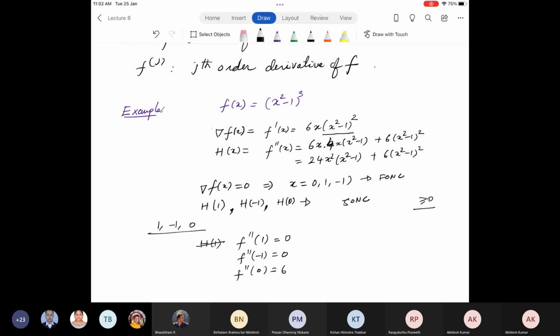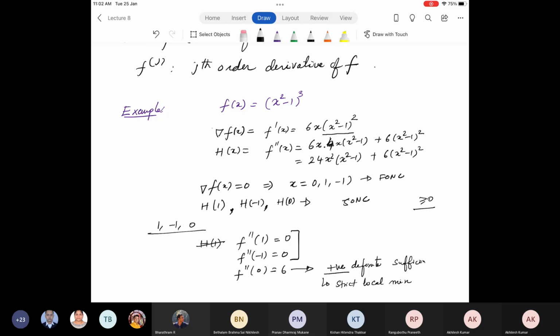Yes, sir. Definitely it is satisfying my sufficient condition. Positive definite. So the sufficient condition is being satisfied, so definitely it is a strict local minimum. You agree? Yes, sir. But I cannot say anything about these two guys, right?